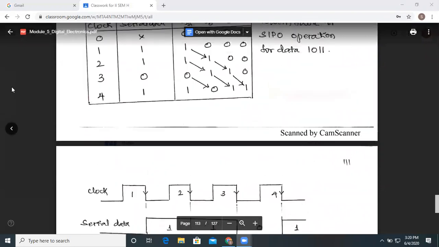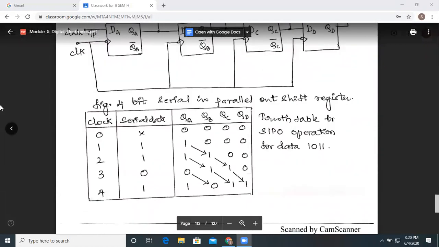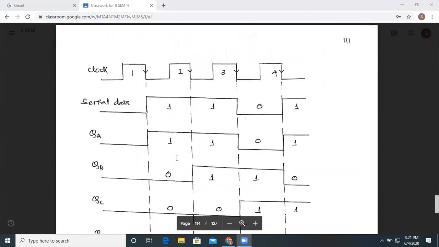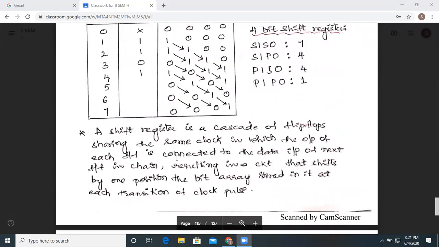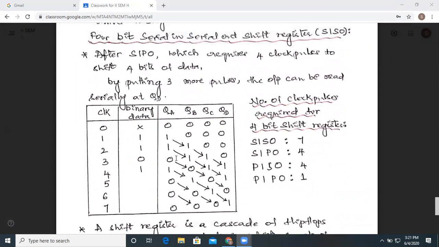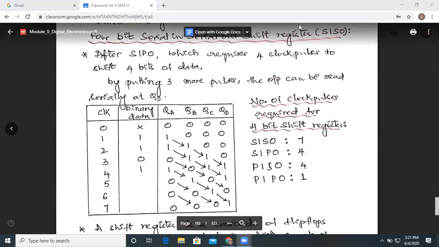Just now we have seen a 4-bit shift register. With the data 1011, we have performed the task of serial in, parallel out. Now if we want to perform the operation serial in and serial out, in order to perform this, we require 3 more clock pulses.